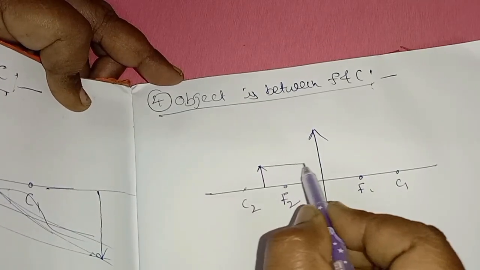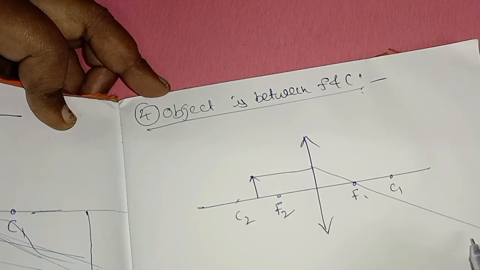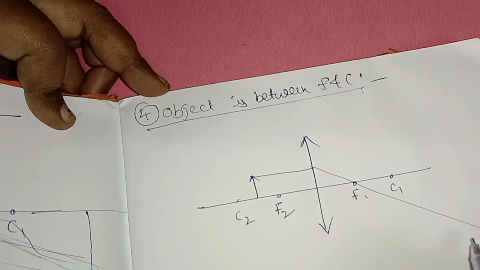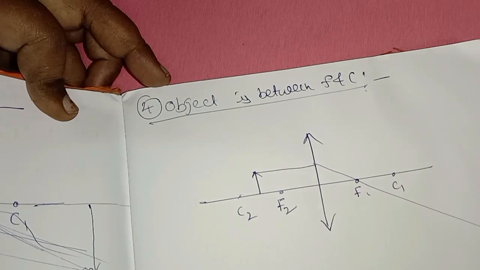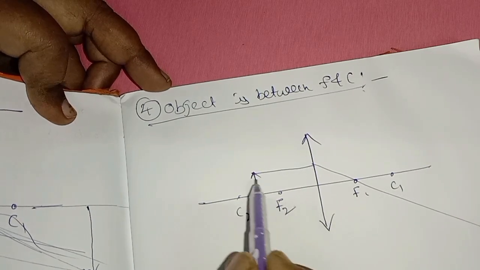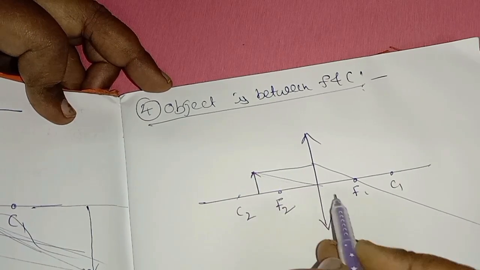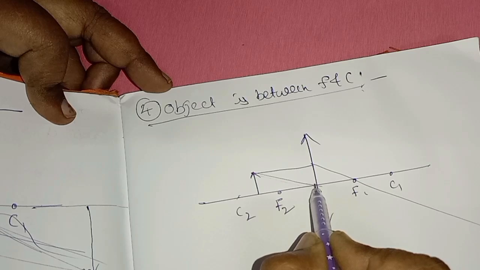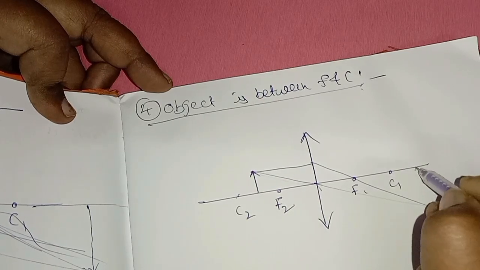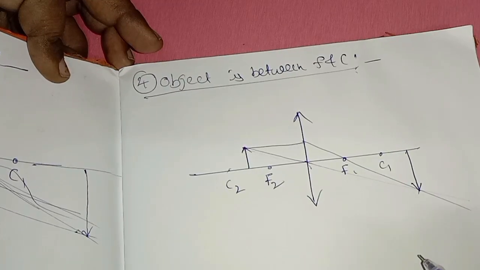First rule, any light ray passing parallel to the principal axis refracts through focus. Any light ray passing through the optic center, right, this is my intersecting point.